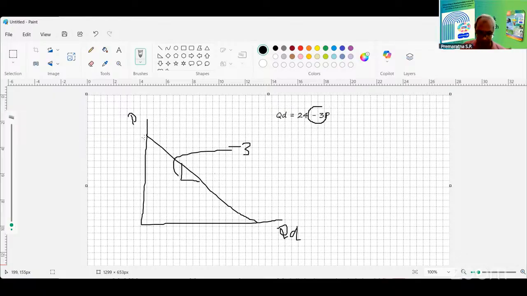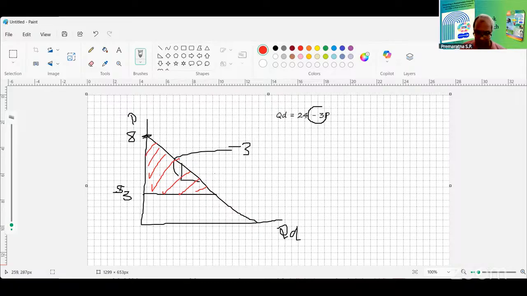And also the maximum willingness to pay, you can get here again, 8. The maximum willingness to pay. And like I discussed before, let's say the market price is $3. Now this area, you can measure the value.